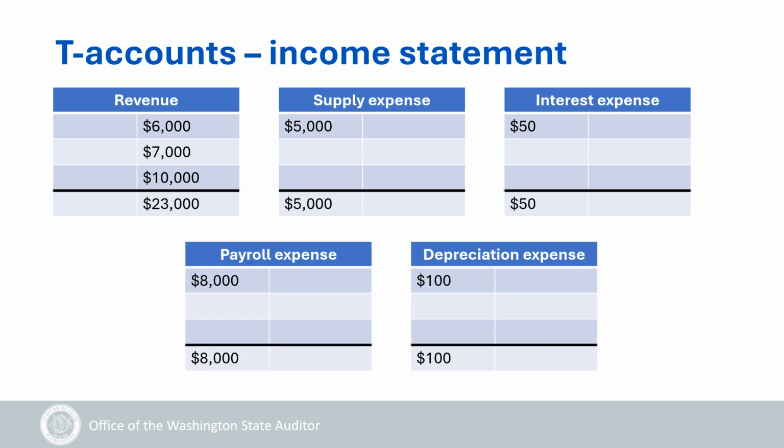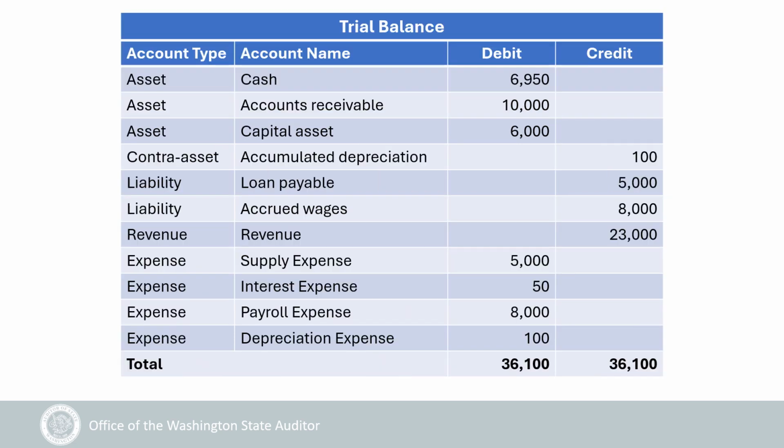These are income statement accounts, which are the revenue and expense accounts. So we net the debits and credits just like we did with our balance sheet accounts. Our next step is to input all of the ending balances into what we call a trial balance. A trial balance literally just lists each account and its balance.